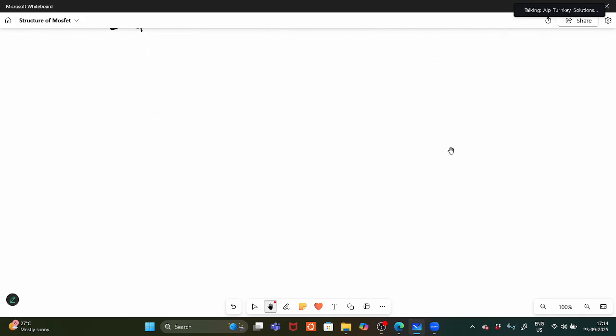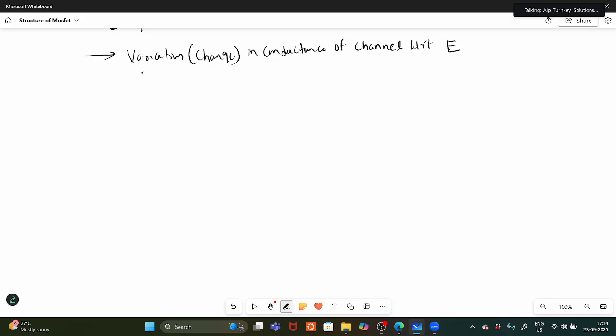Okay, next you see. Concept of field effect: the variation of conductance of channel with respect to electric field. Variation means change. So variation in conductance of channel with respect to electric field, that is what we call the concept of field effect.